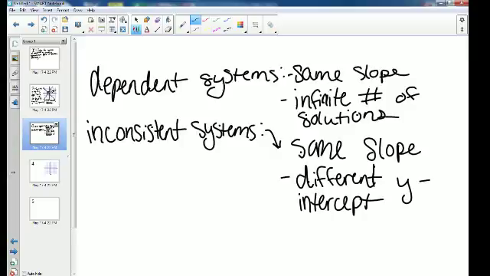Usually in inconsistent systems, the lines are parallel, and there is no solution.